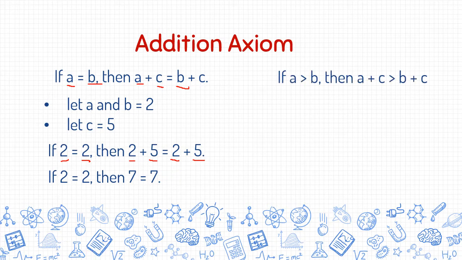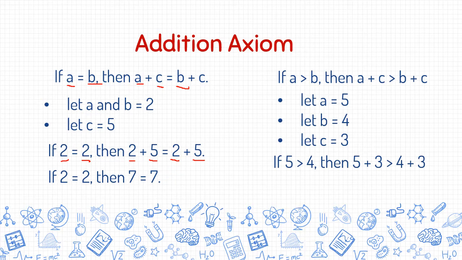Another one. If A is greater than B, then A plus C is greater than B plus C. So let A be equal to 5 and let B be equal to 4 and let C be equal to 3. So substitute the value.